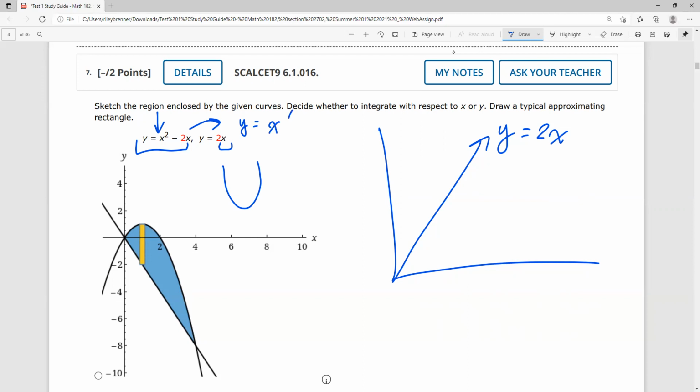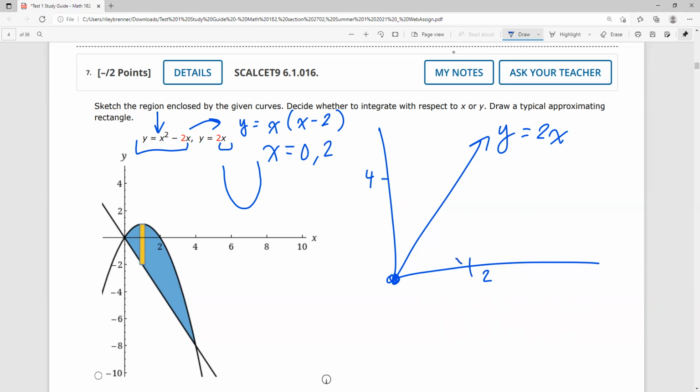If we pull out an x, we get x times x minus 2. And if you remember, this form is how we write the x-intercepts, right? So our x-intercepts are x equals 0 and x equals 2. So if we go ahead and write that on our points, here's 0. Let's say that this is 2. That means this is 4.